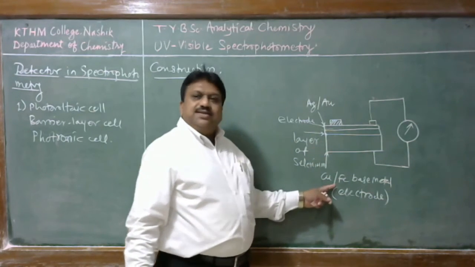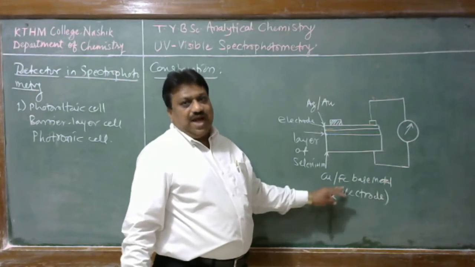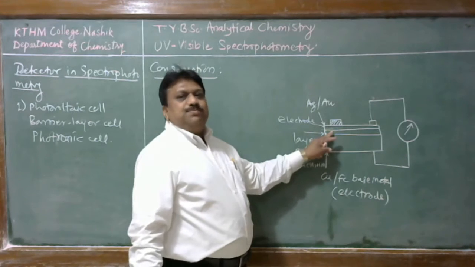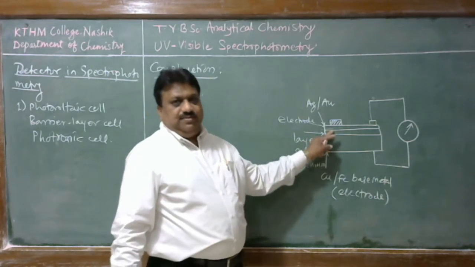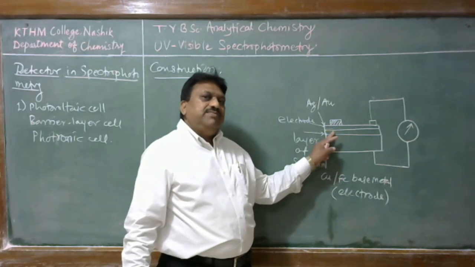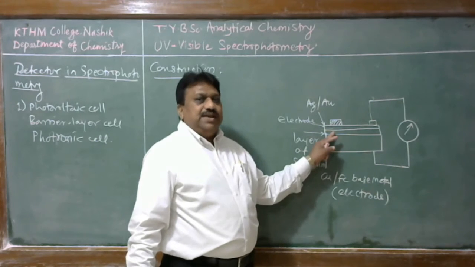Barrier layer cell consists of a base metal made up of either copper or iron. Over this base metal, a semiconducting material is coated. Semiconductor, that is a material whose conductivity increases with rising temperature.